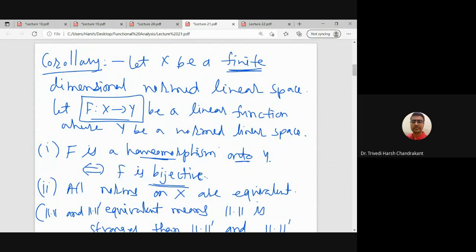So to prove f is a homeomorphism, the first condition is f is injective. That is clear because it is a bijection. So only two things we need to prove: f is continuous and f inverse is continuous. So is it clear that f is continuous?